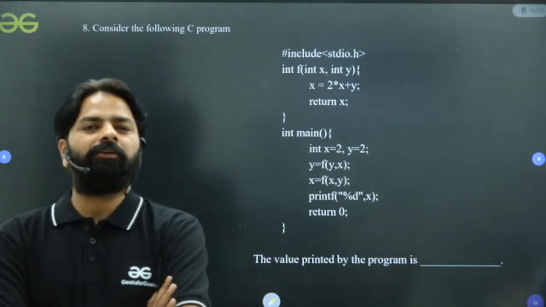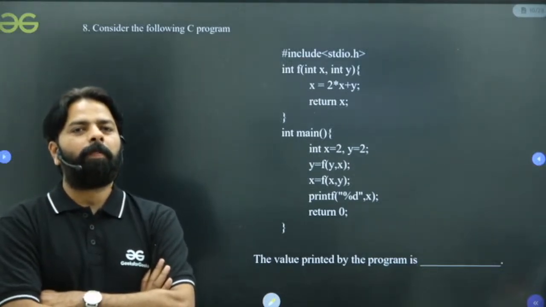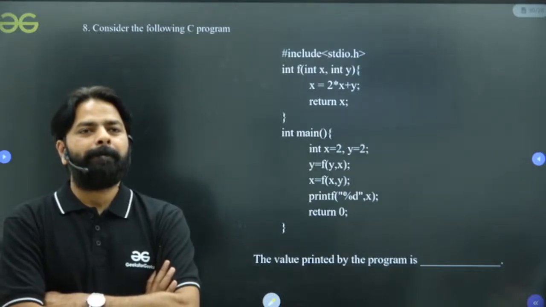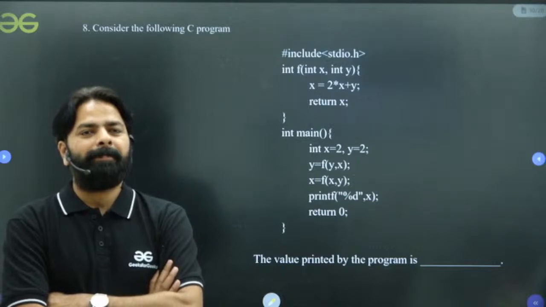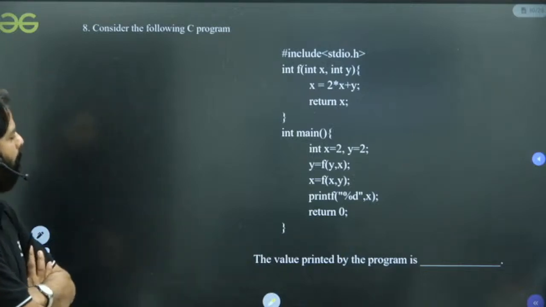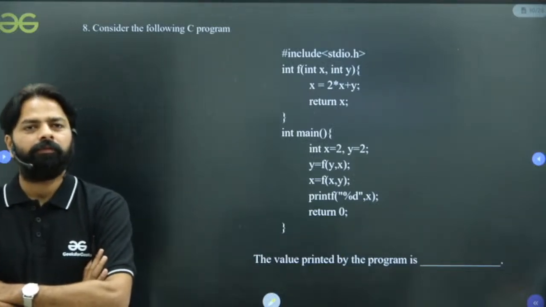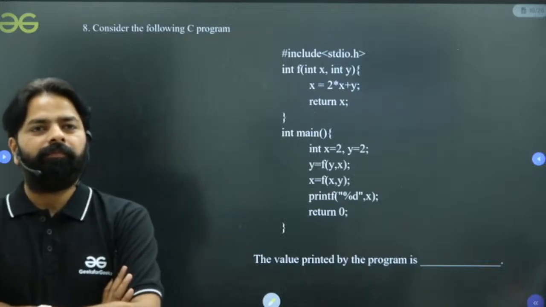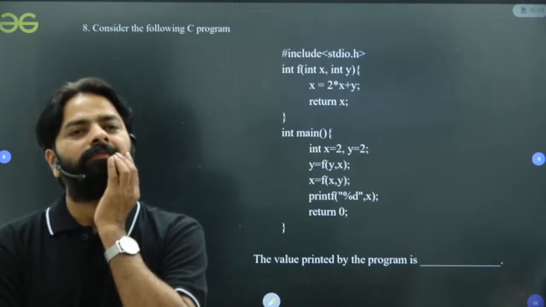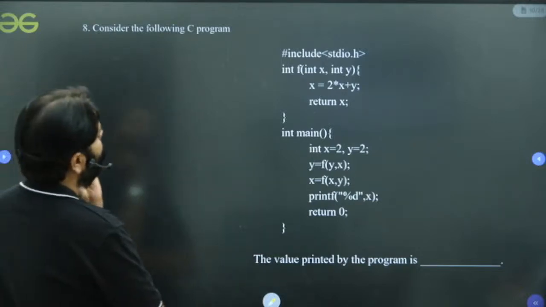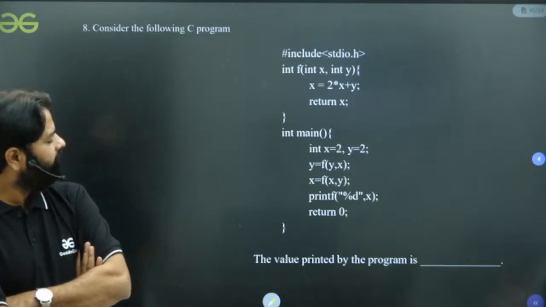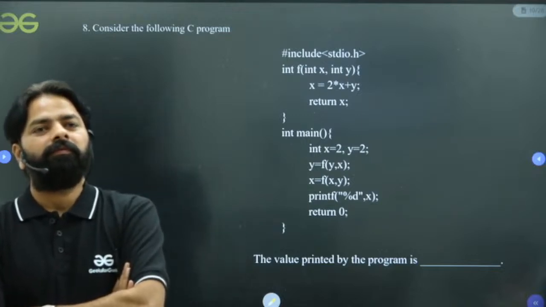If they ask in general, you should analyze. Ten, great.